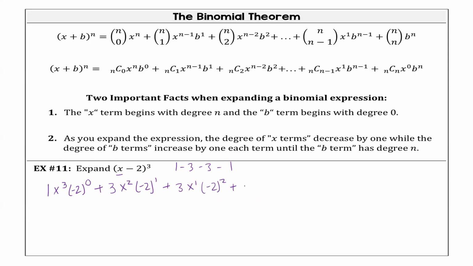Now we're at the last one. What is our last coefficient? It's a 1. So we have 1, x to the 0, -2 to the 3rd. That's it. And then you clean it up.